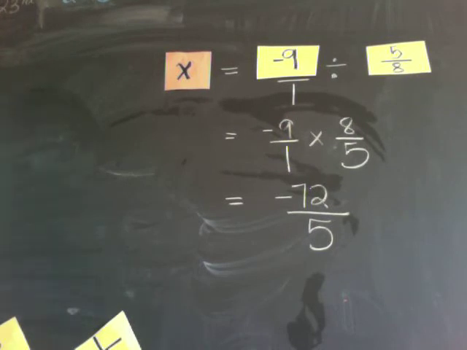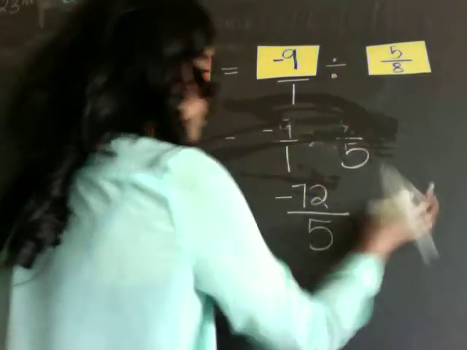Okay, and the last question that I want to go over with you one more time is question number 14. So let me just quickly set up for question number 14.